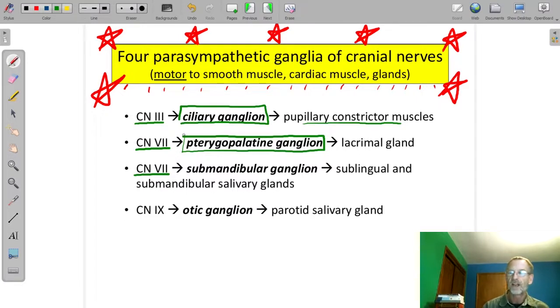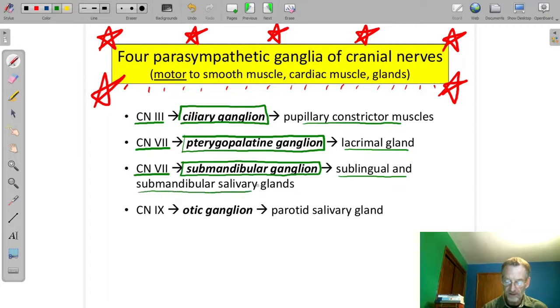And the postganglionic fibers in that pathway, leaving the ganglion, go out to the lacrimal gland. We'll draw pictures of this in the next slide. Another parasympathetic pathway from the facial nerve synapses in the submandibular ganglion. Under the mandible, those postganglionic fibers innervate the sublingual and the submandibular salivary glands.